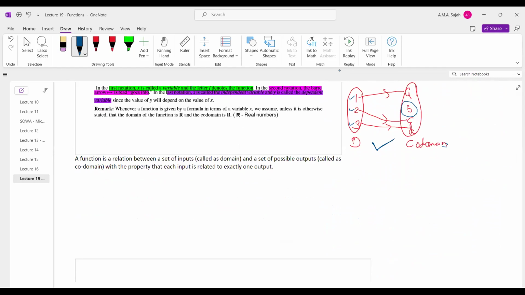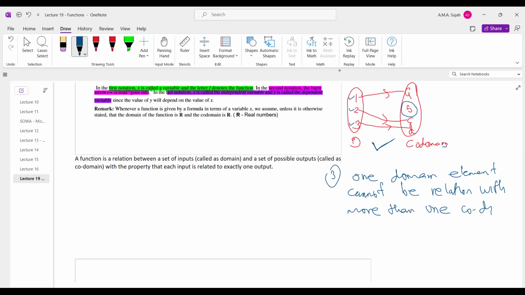One domain element cannot have a relation with more than one codomain element. Can you draw a graph for this one?